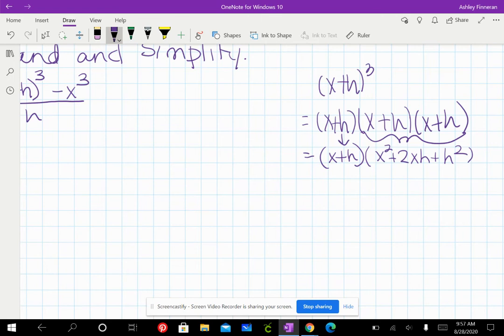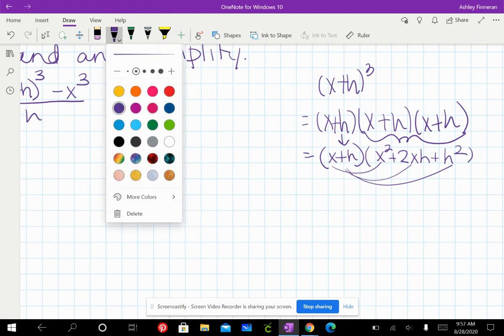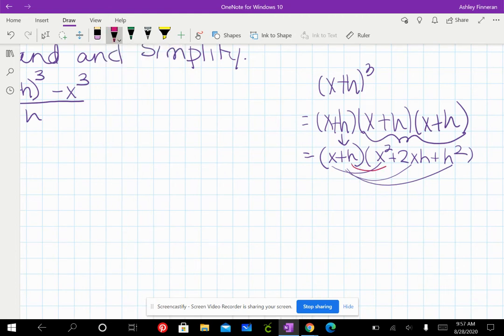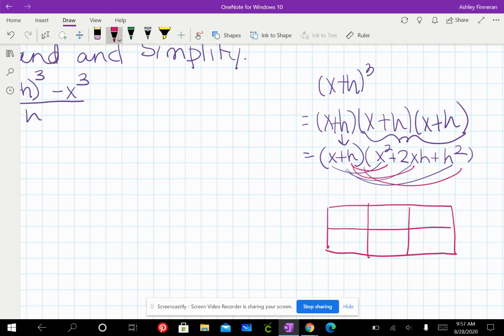Now you have options. You can either use double distribution, so you can take x and distribute it to each of those, and then take h and distribute it to each of those. So you're going to end up with 6 terms and then combine like terms. Or, depending who your Algebra 2 teacher was, sometimes teachers use a box just to help organize.